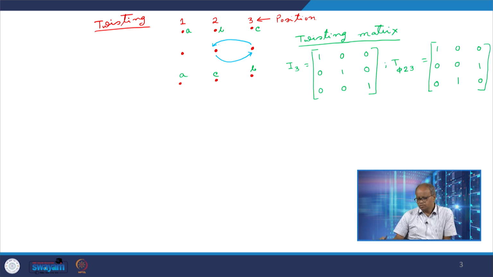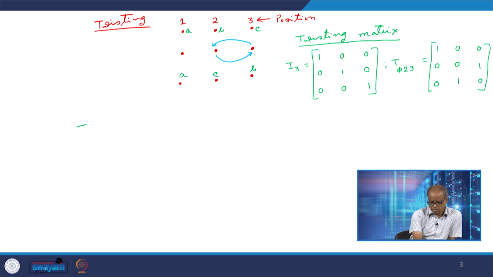Now, let us see what is the effect of this. If this is A, B, C, then initially it was IA, IB, IC, but after these two conductors have interchanged position, they have been twisted. So it now becomes IA, IC and IB. That same thing is also reflected here.